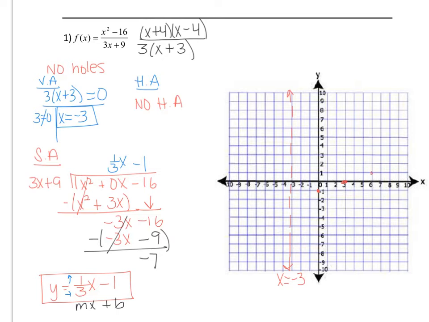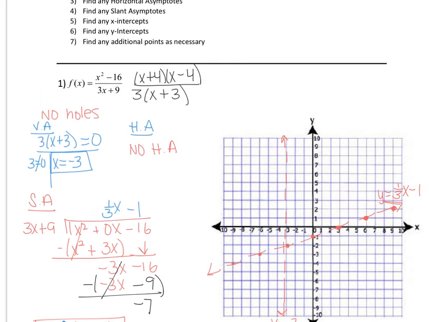Up 1 over 3. Up 1 over 3. And now go down the opposite way. Down 1 over 3. So on and so on. And connect. And this is my slant asymptote of y equals 1/3 x minus 1.